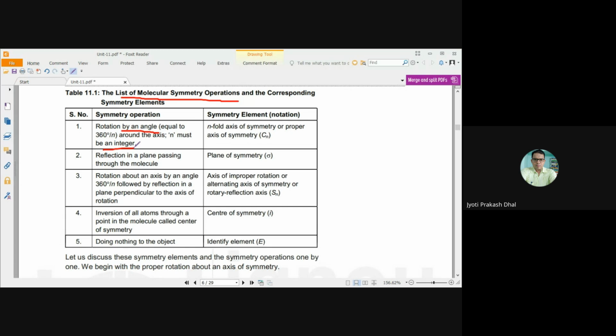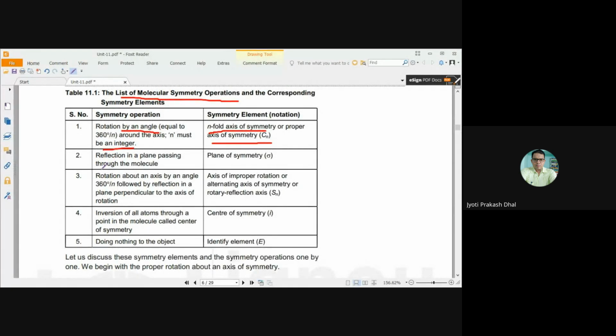If an equivalent structure comes after the rotation by an angle 360 divided by n, where n is an integer, then the symmetry element exists in the molecule, and that is called an n-fold axis of symmetry or proper axis of symmetry, which is called Cn.